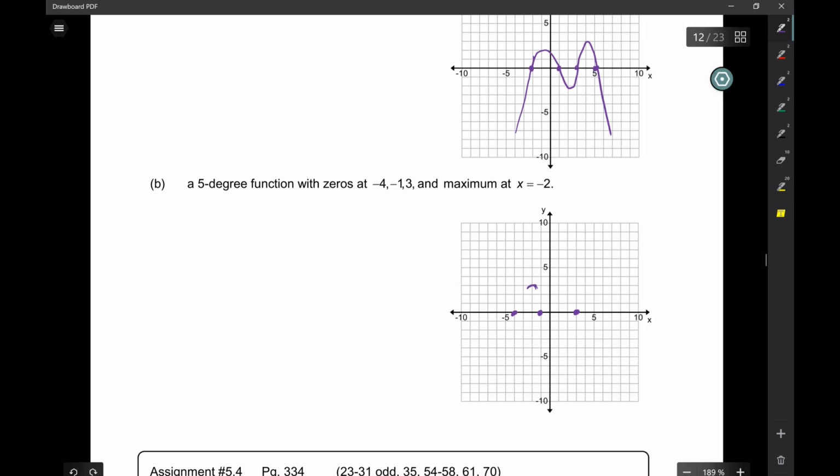A 5-degree function means one end up and the other down. So what if we make it look like this? Does that work? Yeah, that works. Again, can there be a different variety? Yes, but that's pretty much what we're looking for.